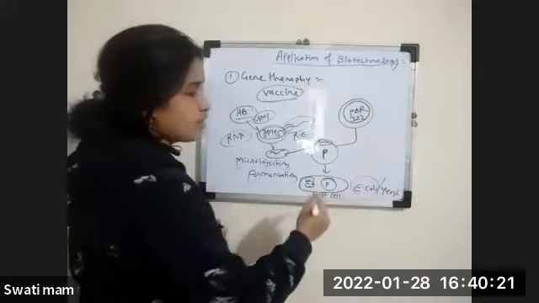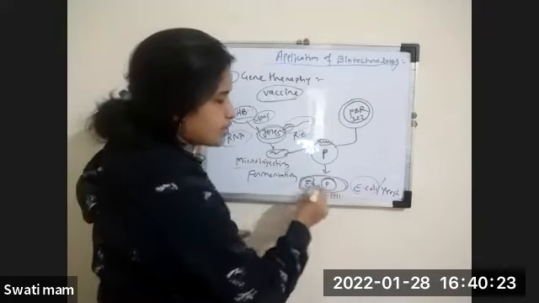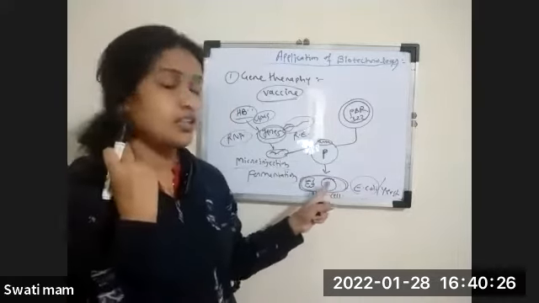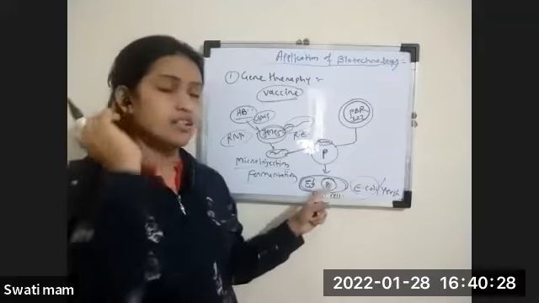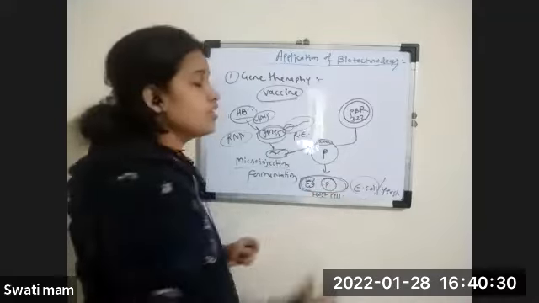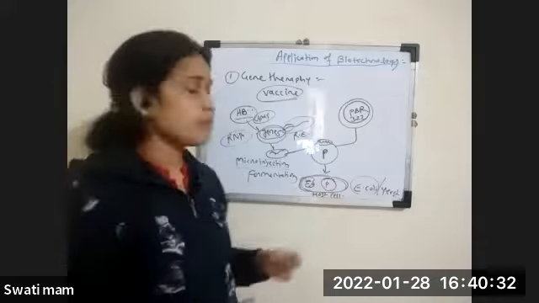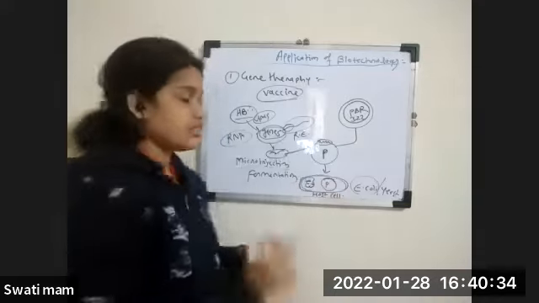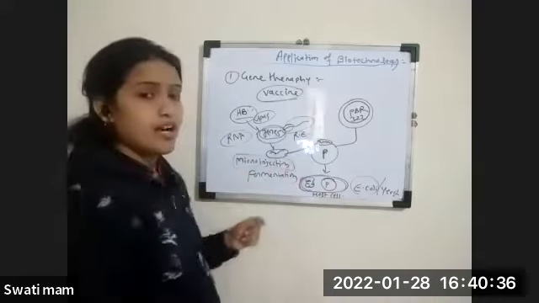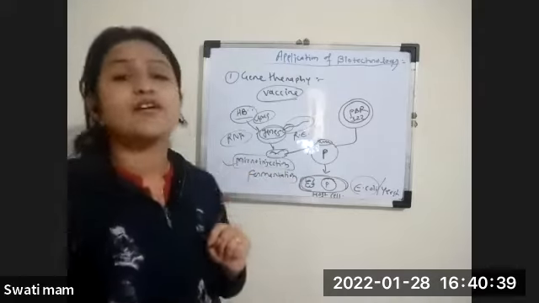Now what happened after this host cell accepts this plasmid, that is the recombinant plasmid or recombinant DNA molecule? This mixture is then incorporated into test tubes by using the process called micro injection.